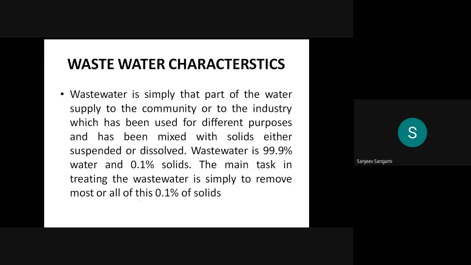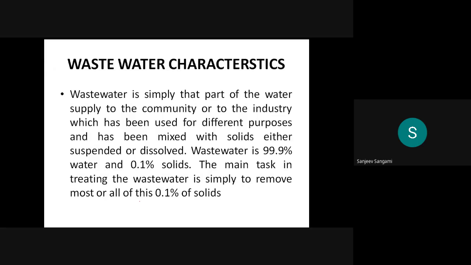So then we'll move on to the wastewater characteristics. Of course, wastewater is simply that part of the water supply to the community or to the industry which has been used for different purposes and has been mixed with solids, either suspended or dissolved.